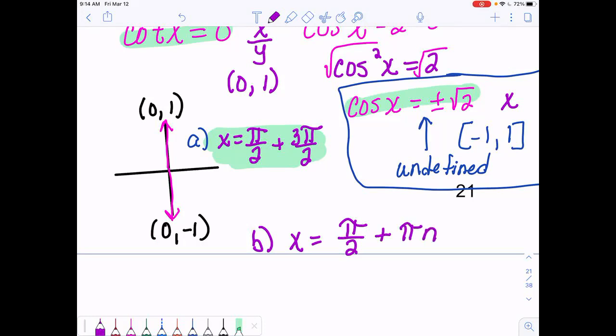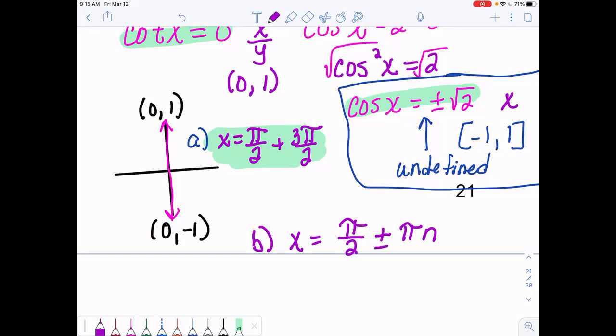The period of tangent and cotangent is only pi. So if I have an angle at pi over 2 and add pi, I get 3 pi over 2. If I add another pi, I'm back at the top. And if I just keep adding pi, I will just keep hitting both of those angles.